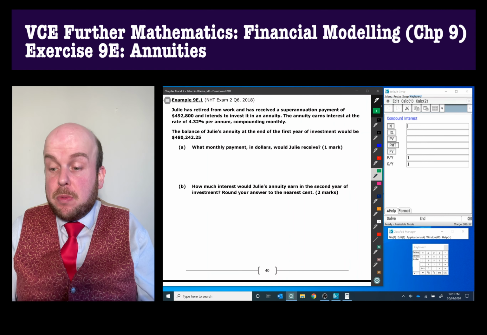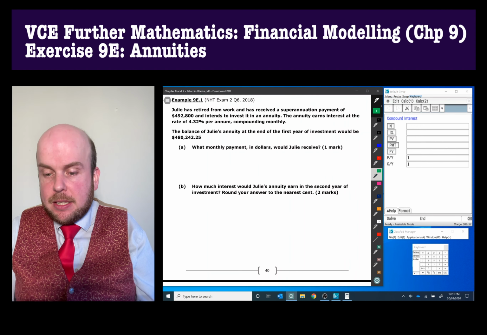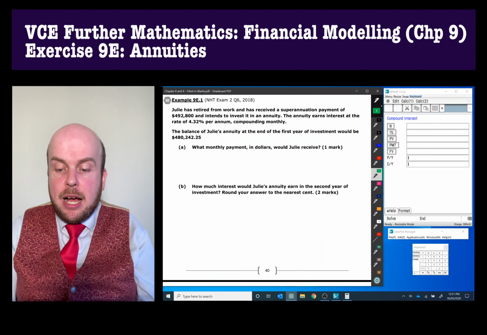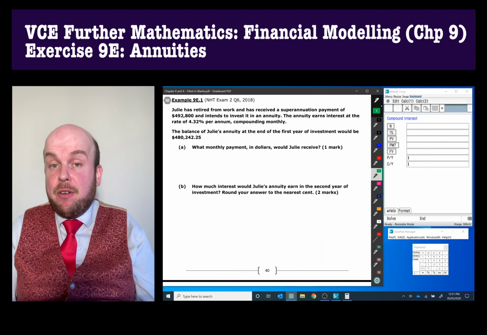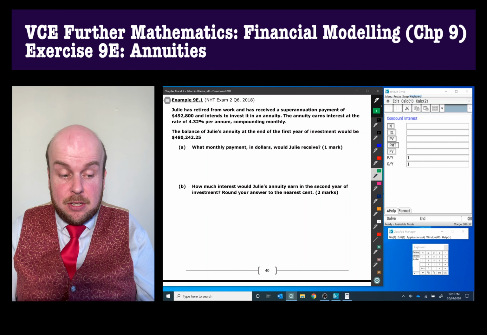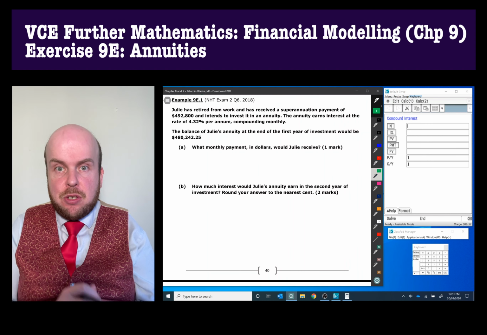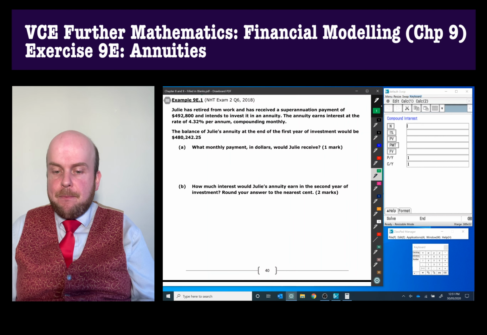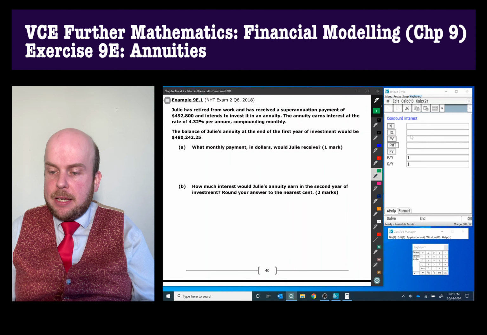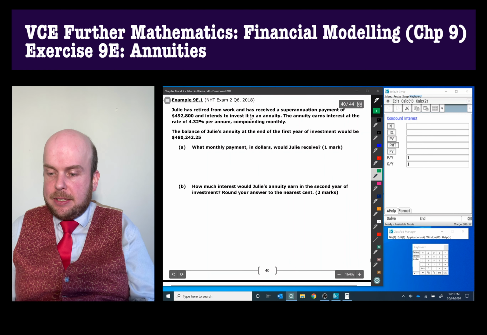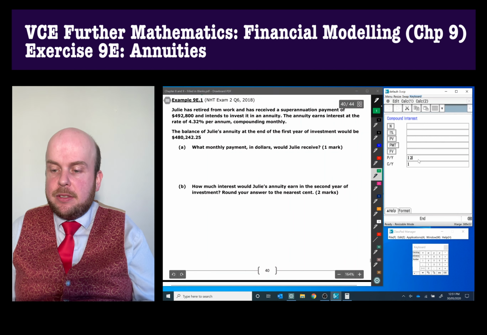So we need to do a couple of different things here. We've got a final value after 1 year, so now we need to work out what amount of money it took to get there. We've been told that it's compounding monthly, so we can get our PY and our CY to be 12, as seen here.